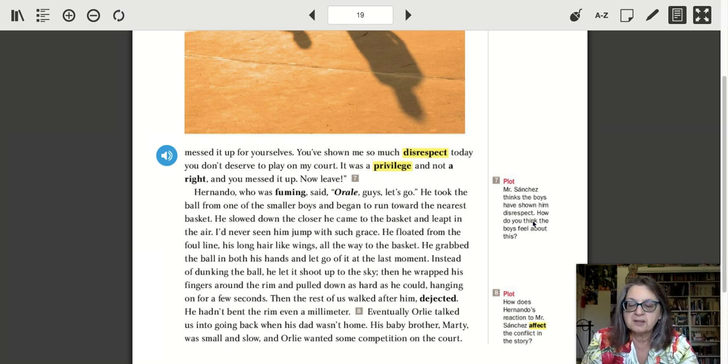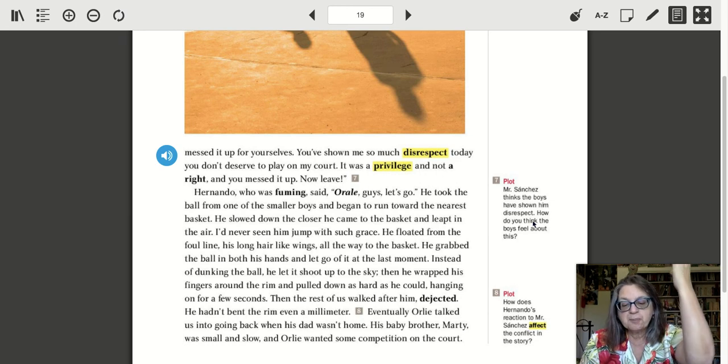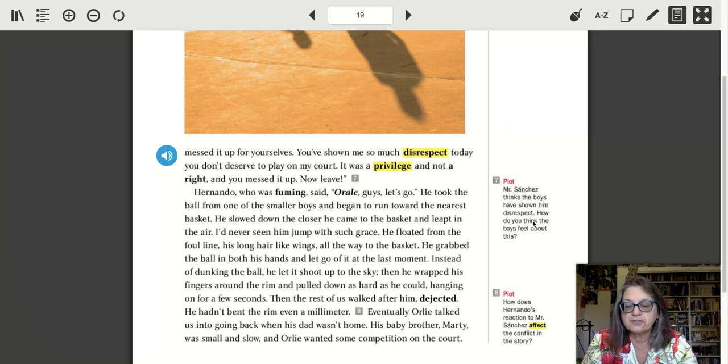He grabbed the ball in both his hands and let go of it at the last moment. Instead of dunking the ball, he let it shoot up into the sky. Then he wrapped his fingers around the rim and pulled down as hard as he could, hanging on for a few seconds. Then the rest of us walked after him, dejected. He hadn't bent the rim even a millimeter.